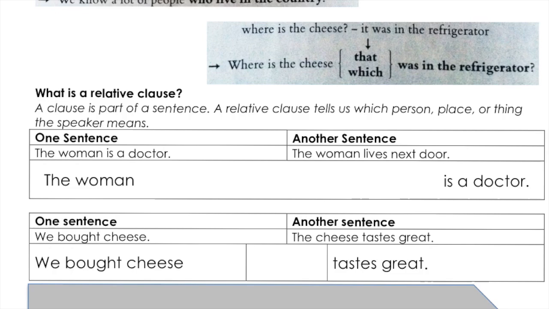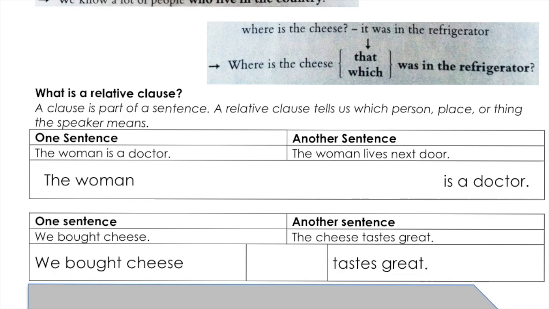Let's look at that first example again that we saw up top with the woman. You see the woman, blank, is a doctor. So we want to connect more information about the woman because we know she lives next door.